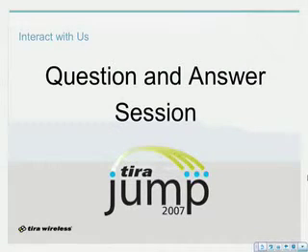Okay, here's another good one. Are there automation tools for J2ME application QA? Alan, why don't you answer that one as well? Sure. Jump 2007 includes a feature called AVS, Automatic Verification System.